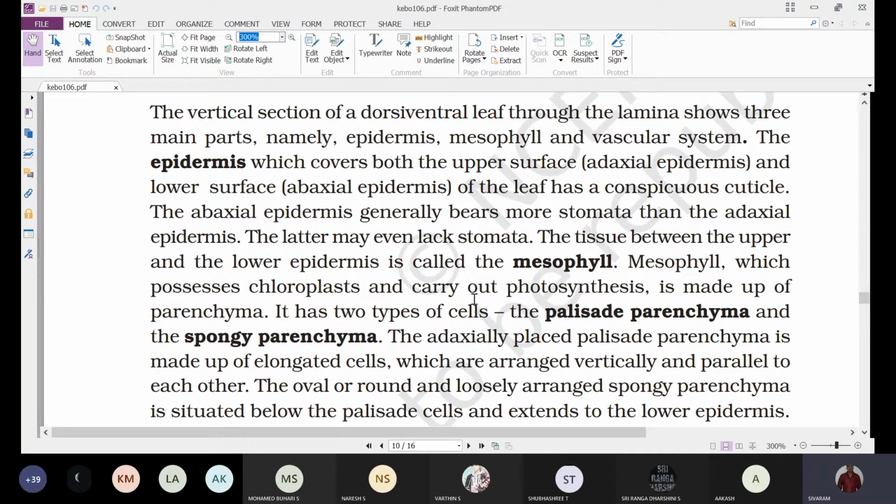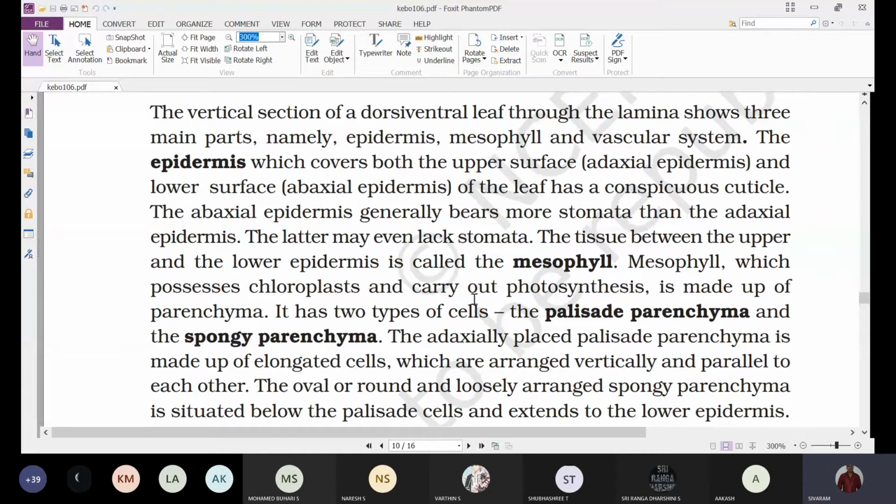to the upper surface. Usually the stomata are absent on the upper surface. They are present on the lower epidermis, not on the upper epidermis, and usually they are absent there. But in some, very few stomata may be present.